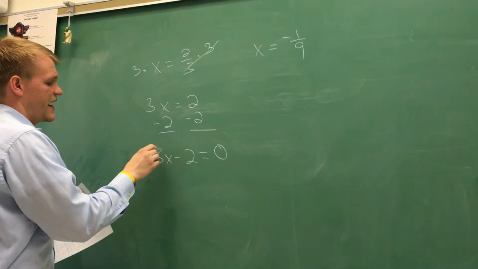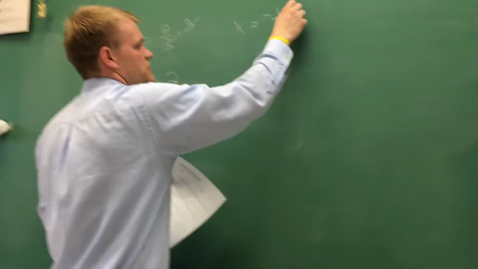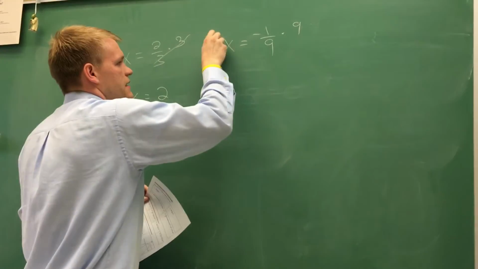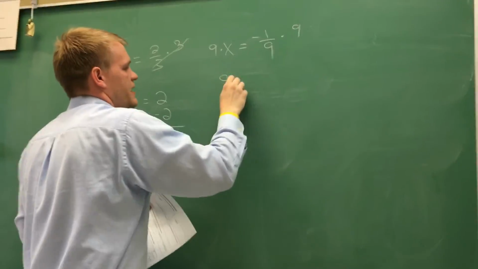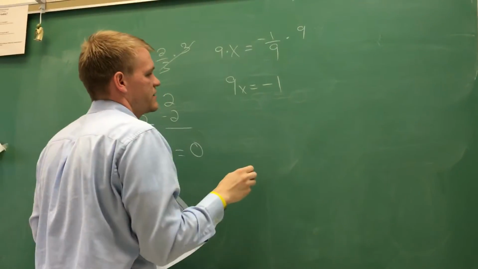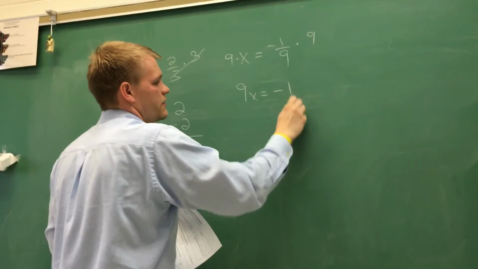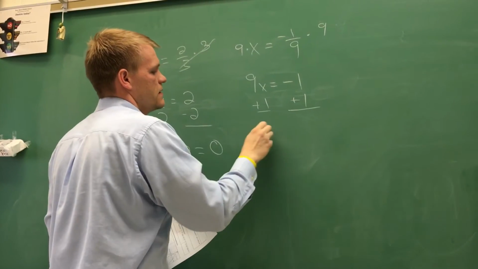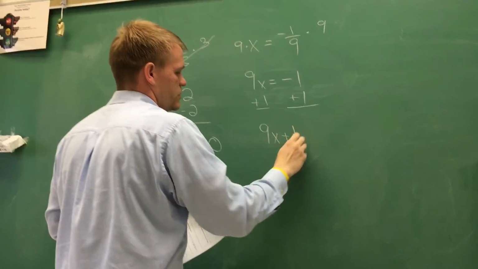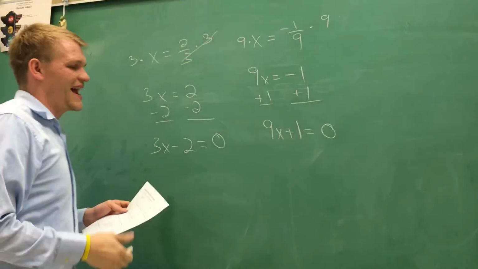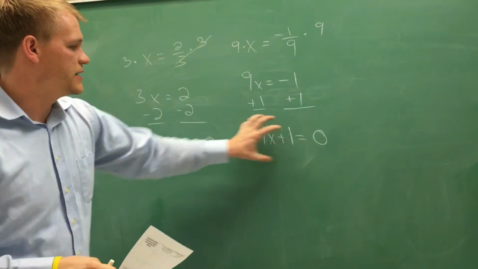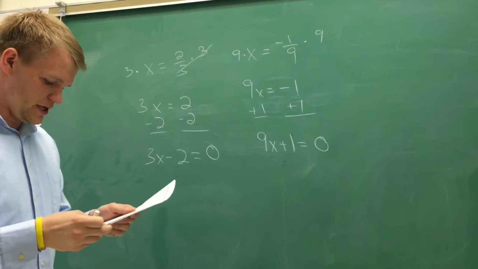So your first factor would be 3x minus 2. Again, I'm going to multiply by 9, and I get 9x equals -1. I want to bring the -1 over, so I add 1 and add 1, and then I get 9x plus 1 equals 0. So this guy, the factors would be 3x minus 2 and 9x plus 1.